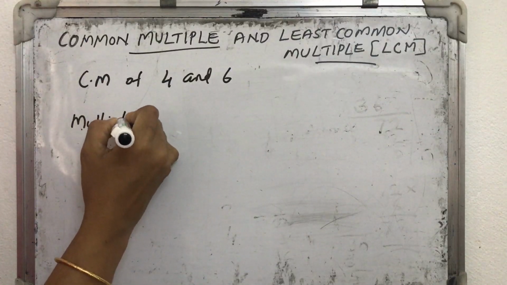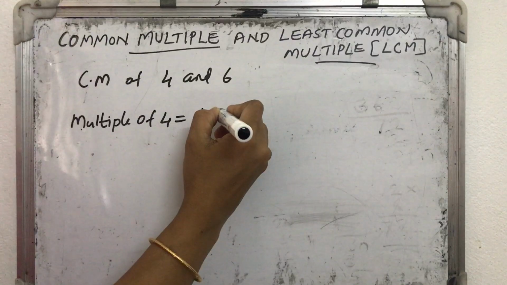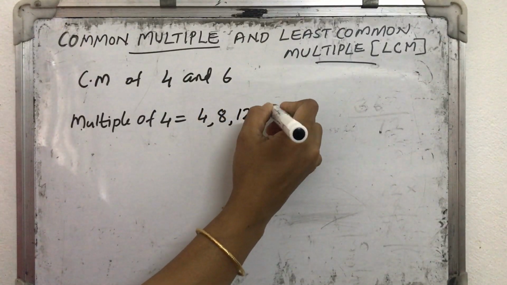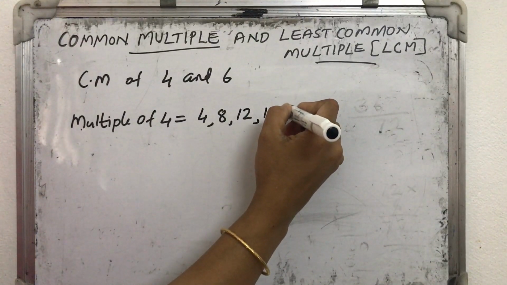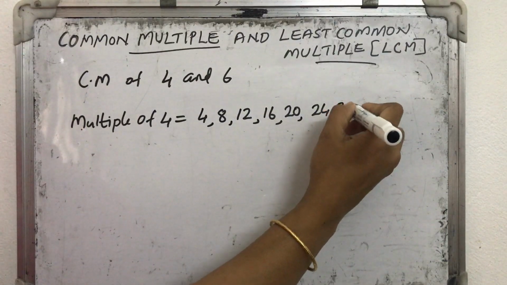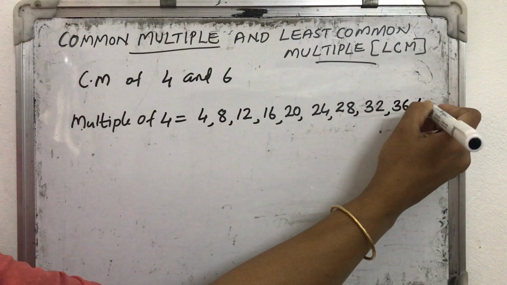So here we are writing the first multiples of 4. All of you know: 4, then 8, 12, 16, then 20, 24, 28, 32, 36, then 40.